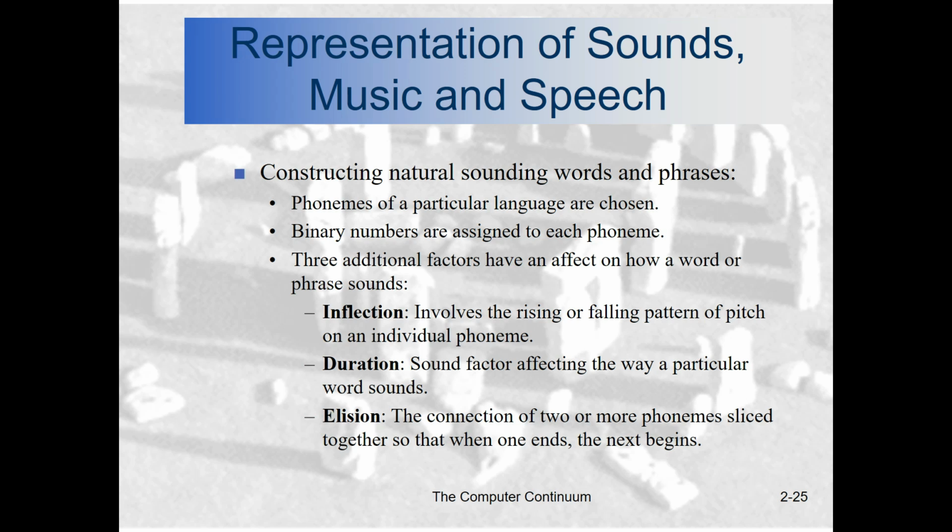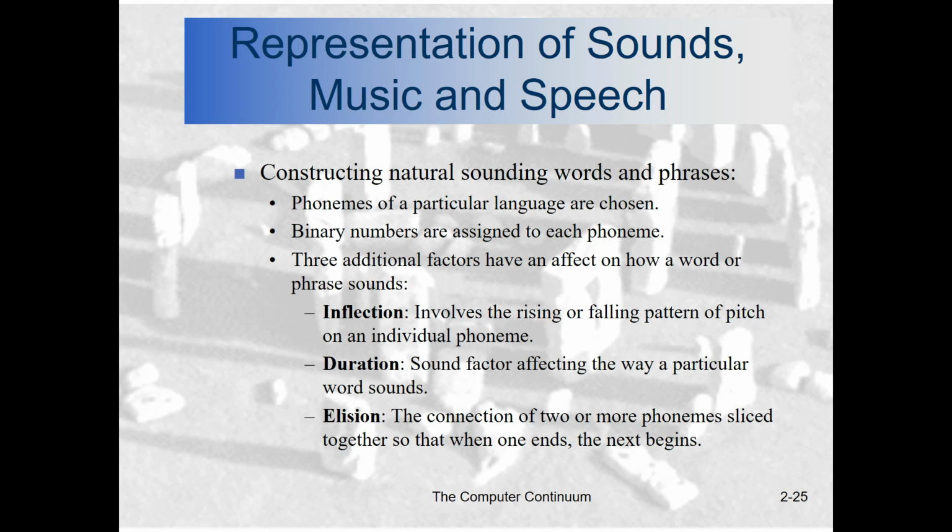So, constructing natural sounding words and phrases: phonemes of a particular language are chosen, and binary numbers are assigned to each phoneme. For example, let's say a given phoneme, we assign a different binary number to it. Three additional factors have an effect on how words and phrases sound. Inflection involves the rising or falling pattern of pitch on individual phonemes.